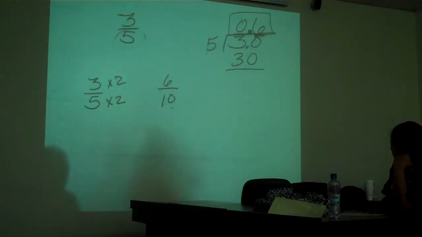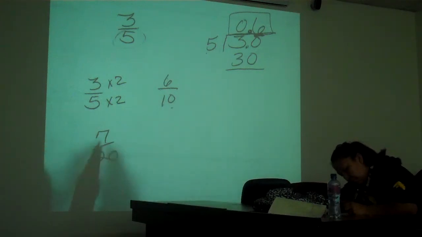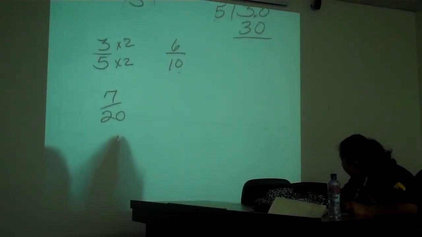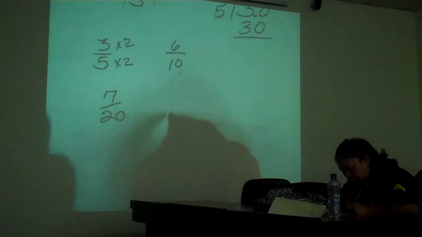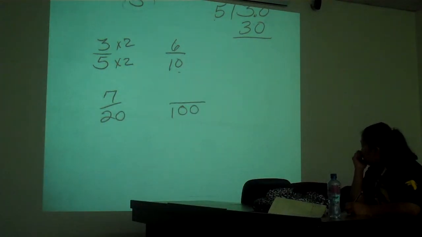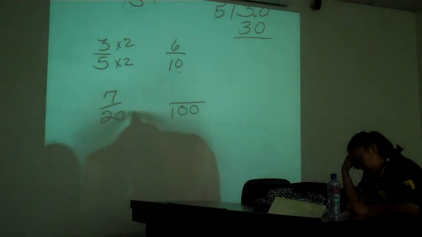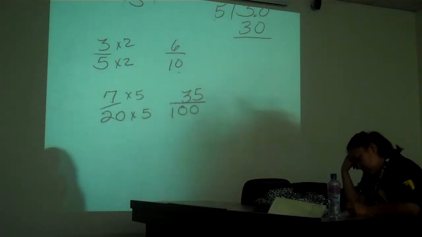Let's do like 7/20. We could divide 7 by 20, or we could make the bottom into a multiple of 10. 20 goes into 100. 20 times what? 5. 20 times 5 is 100, right? 7 times 5 is 35.